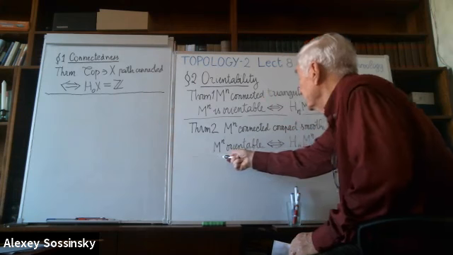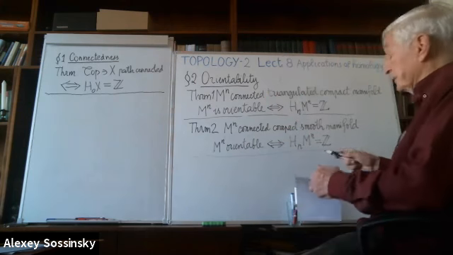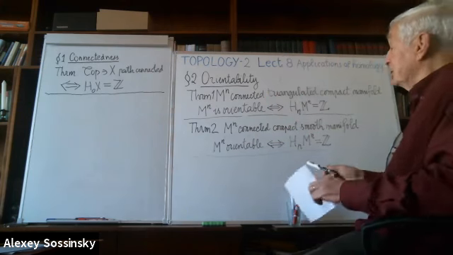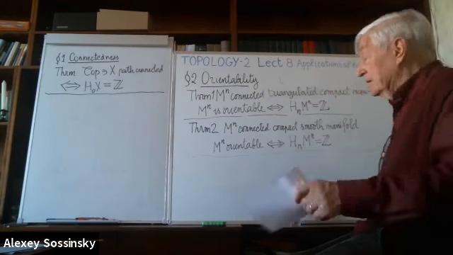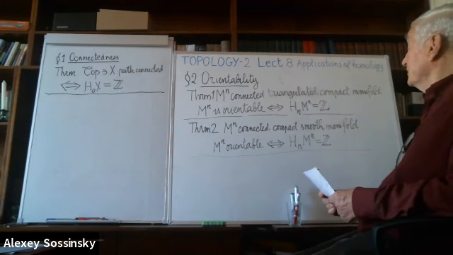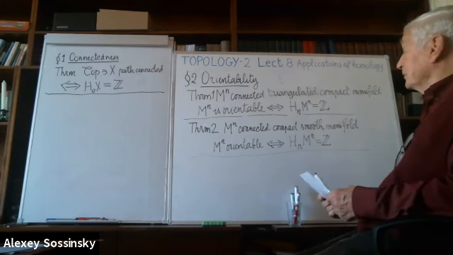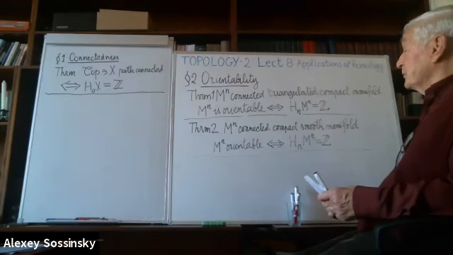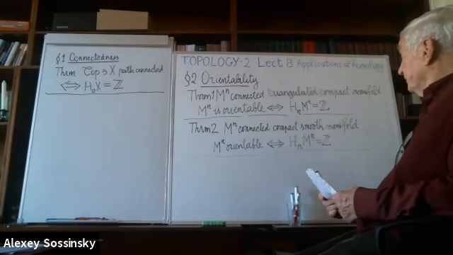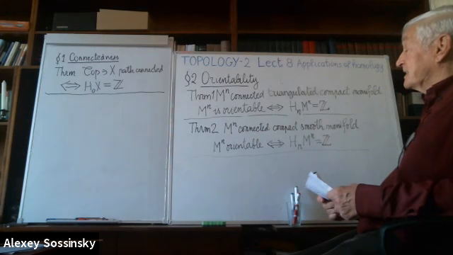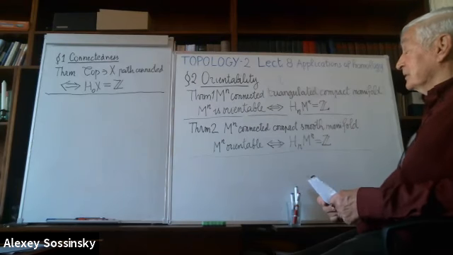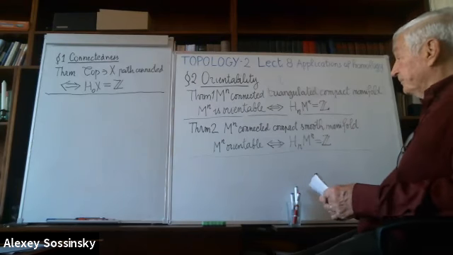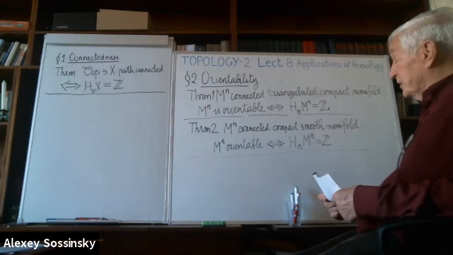So before proving the theorem, let me explain what the word orientable means here. What is a smooth orientable manifold? Well, a smooth manifold is a manifold which has an atlas consisting of charts. The transition functions from one chart to another are smooth.